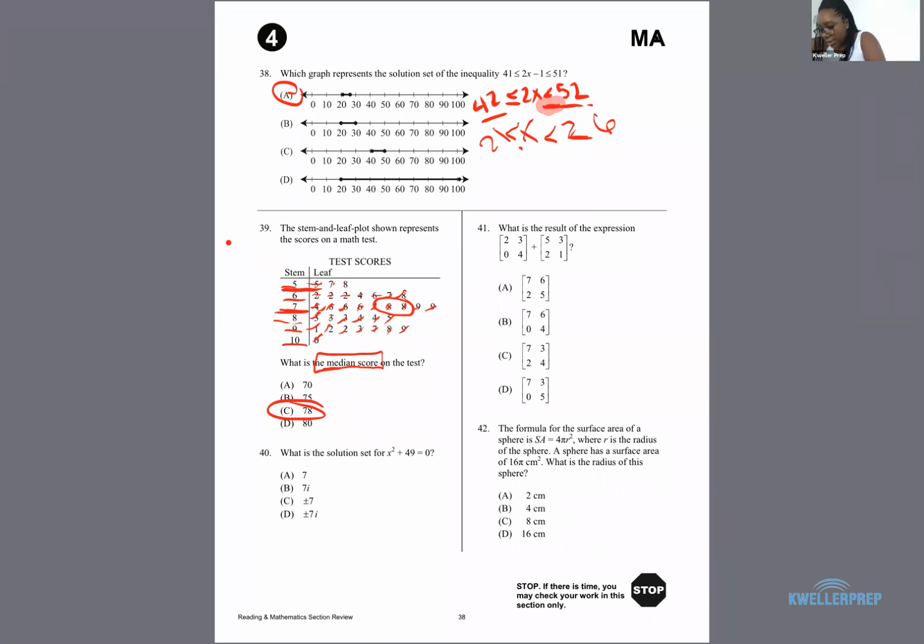Now, for number 40. This one is a little interesting because your natural instinct is probably to start simplifying the quadratic. But it's not a perfect square difference. For example, if you have x squared minus 25, it would be x plus 5, x minus 5.